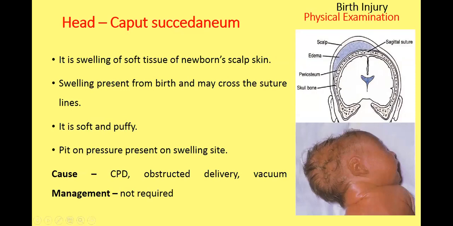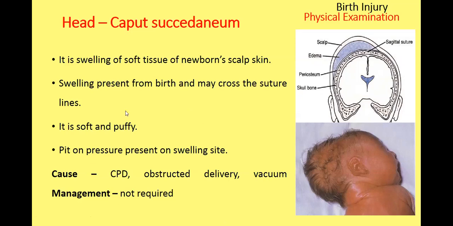It is a swelling of the soft tissue of the newborn skull, within the skin. This swelling is physiological, due to prolonged labor or the fetus being stuck at the genital opening for a longer duration.